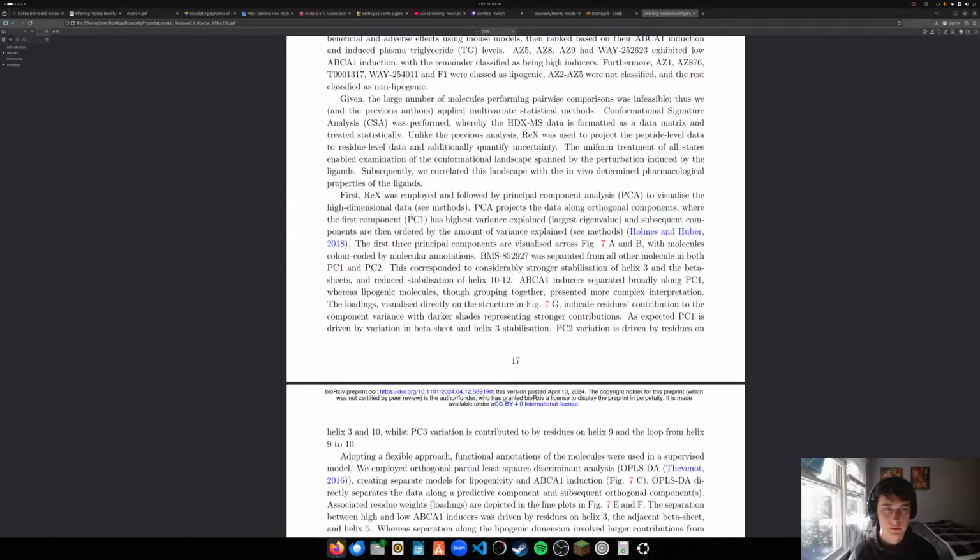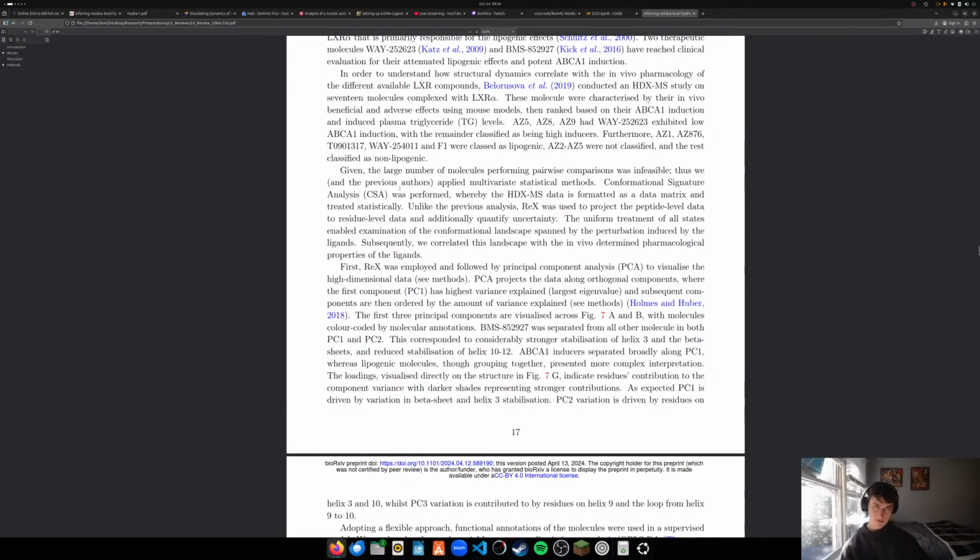The uniform treatment of all states. What? Huh. Why would they? Okay. I don't get it.